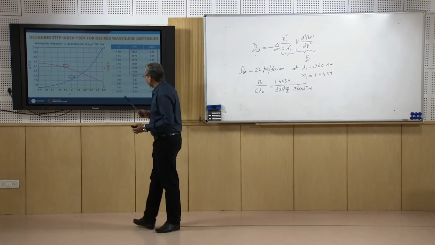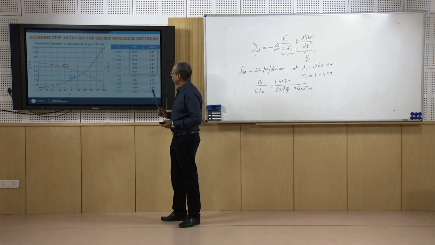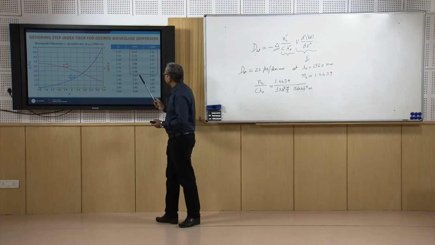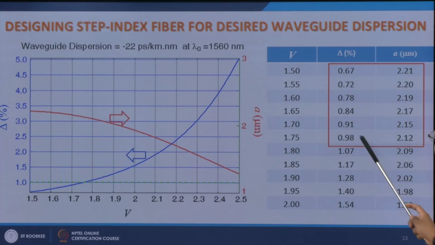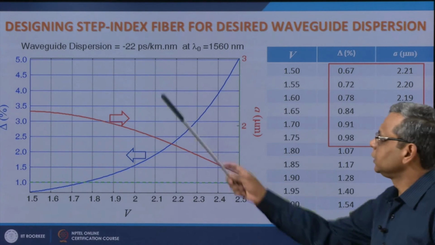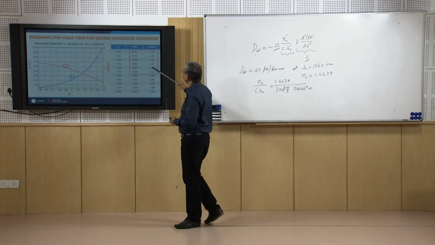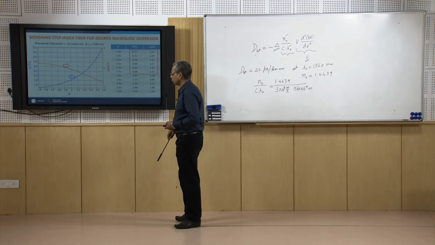So, if I typically keep the value of delta smaller than 1%, then these are the combinations of delta and A that will give me the waveguide dispersion of minus 22 picoseconds per kilometer nanometer. So, I see the value of A would be around 2 micrometer.